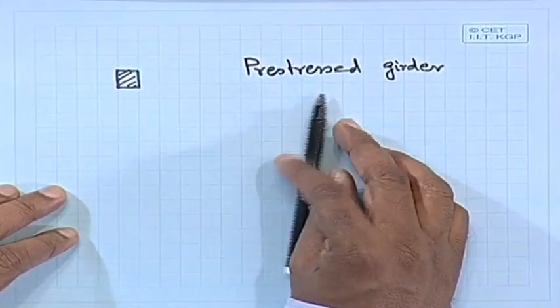Pre-stressing, I can show you an example. Let us say there is a stack of books kept one after another. Now, if you would like to carry it, what will you do? You have to press it, otherwise it will fall.